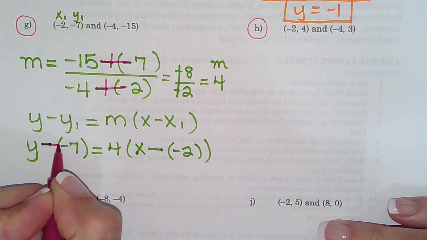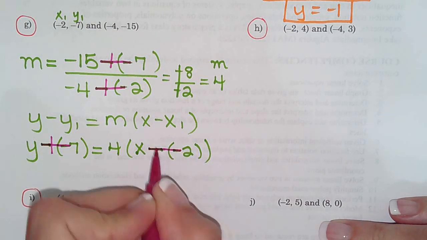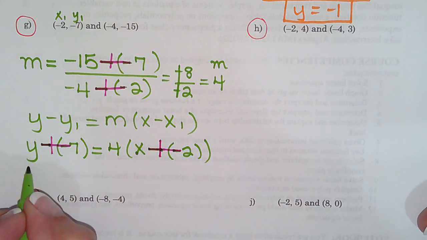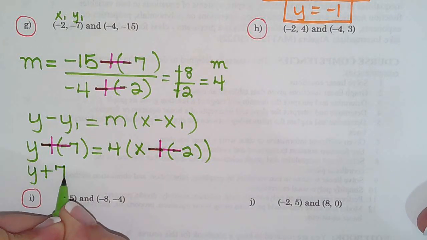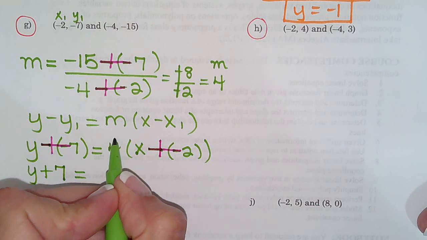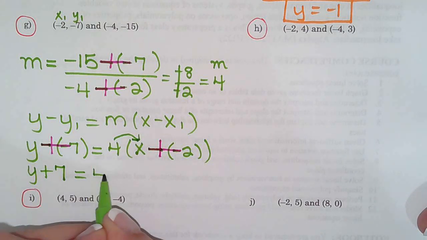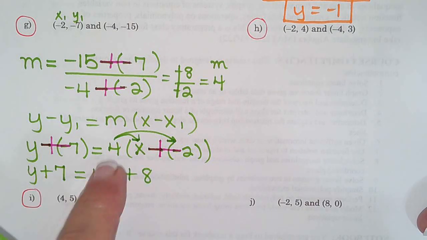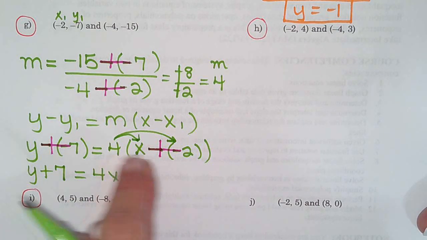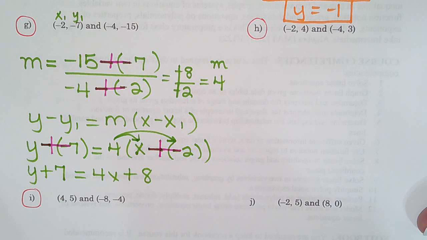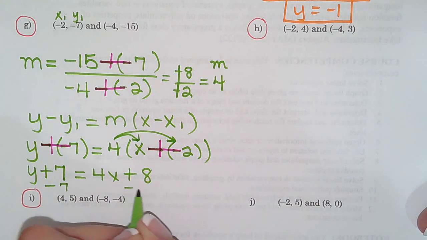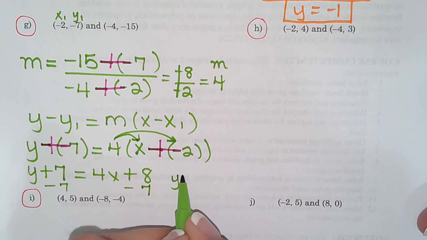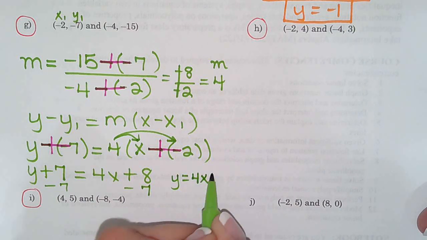Double negatives all over the place. Okay, so that's going to turn into y plus 7 equals 4x and then plus 8. So 4 times x, 4x times positive 2, positive 8, and then our last step, subtract our 7, and we get our answer, which is y equals 4x plus 1.